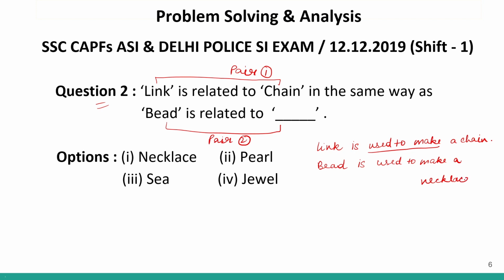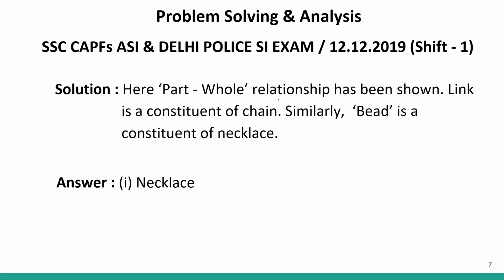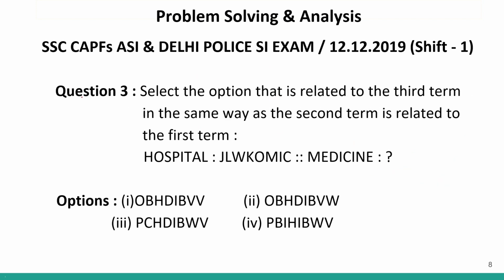Out of the given options, this will be the correct answer. A bead will be related to necklace, option number 1. Similarly, a link is related to chain. Clear? Now, let us move on to question number 3.